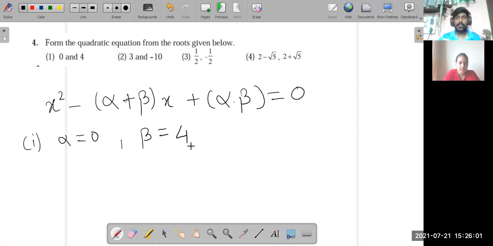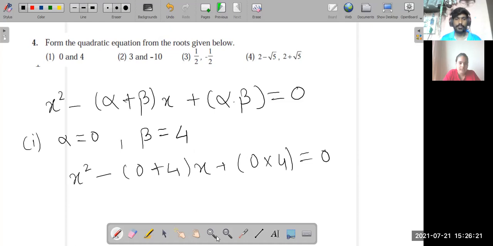So we have to form the quadratic equation. The first one is alpha is 0 and beta is 4. So alpha plus beta will be 0 plus 4 into x plus alpha into beta will be 0 multiplied by 4 is equal to 0.